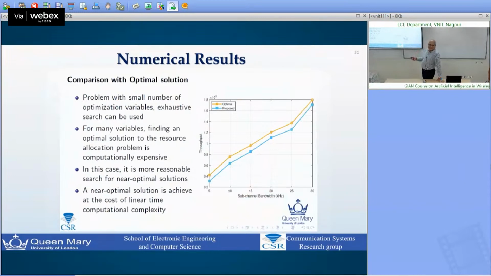It's not fully trained. Maybe if we have enough data set and it is fully trained, with a small number of variables it can reach almost the yellow line. But here we have not trained fully.